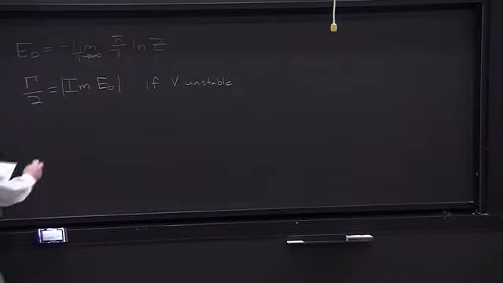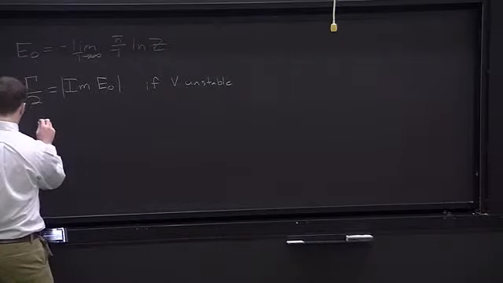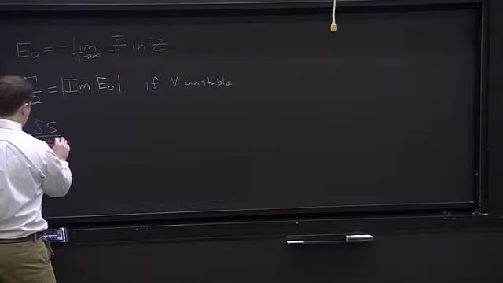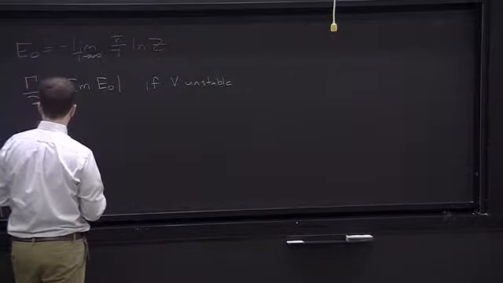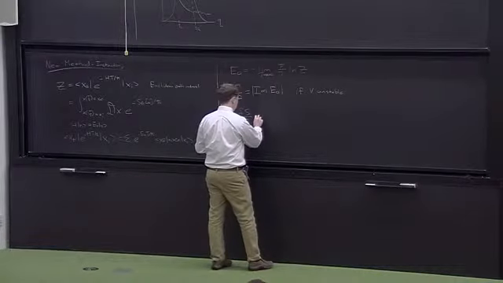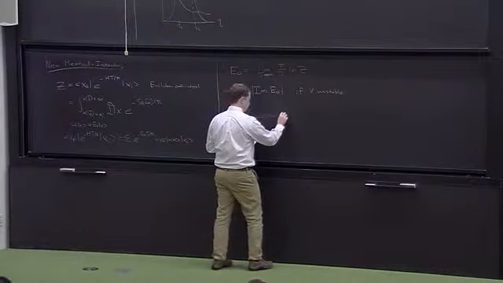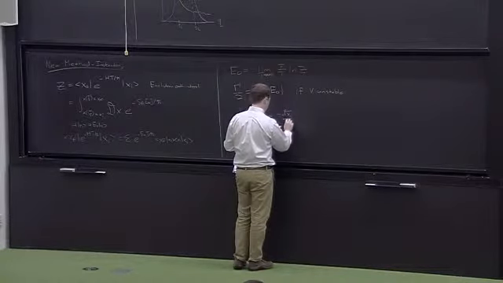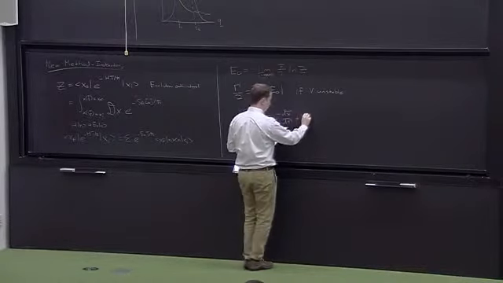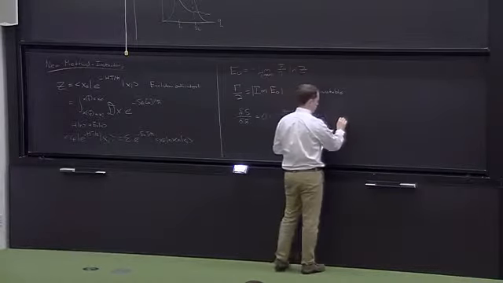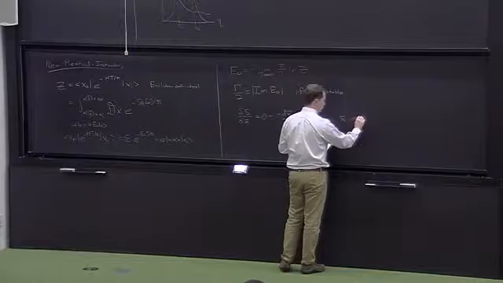And so the saddle points will satisfy the equation: the variation of S with respect to x is 0, which is just minus d squared x bar dt squared plus V prime of x bar equals 0, where x bar are the saddle points.